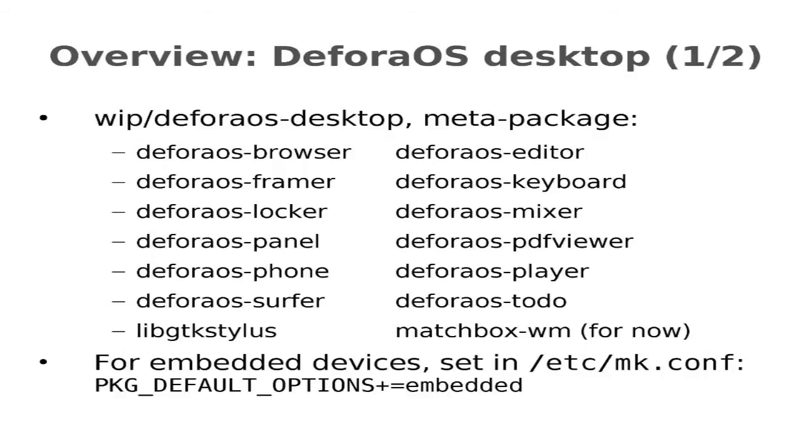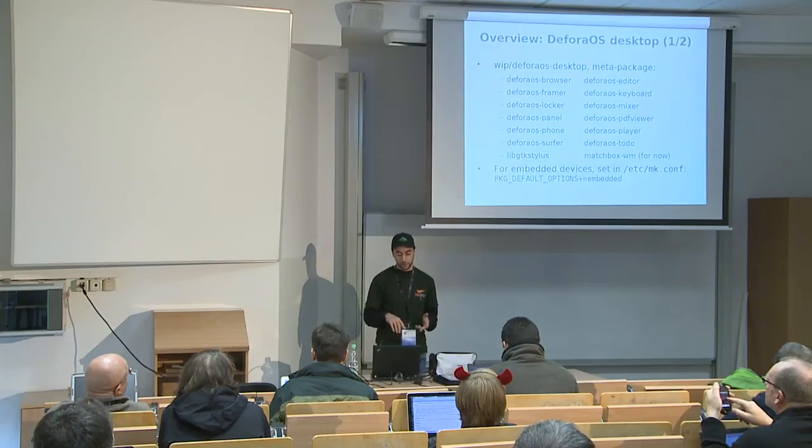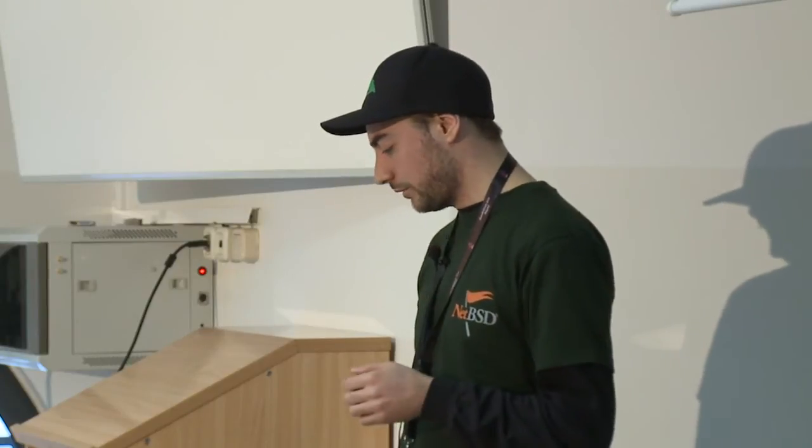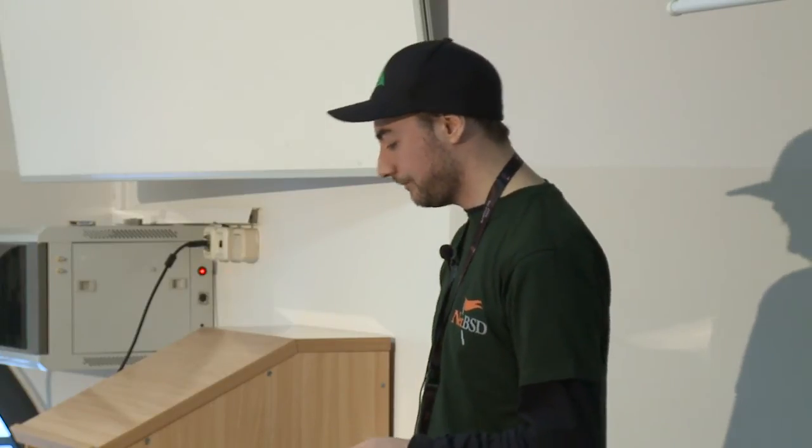So the desktop itself, it's packaged in pkgsrc-WIP, as I mentioned. It's a few packages now. There is a file manager, the browser, window manager, which I'm not using here because it's not mature enough, text editor, web browser, telephony application, the stylus that I just mentioned, support, emulation, PDF viewer, something for setting up the volumes and so on.